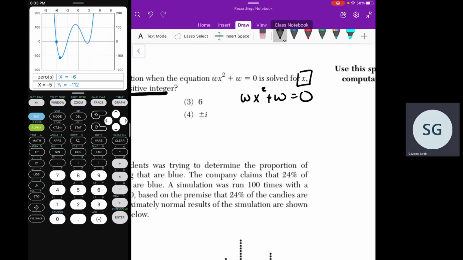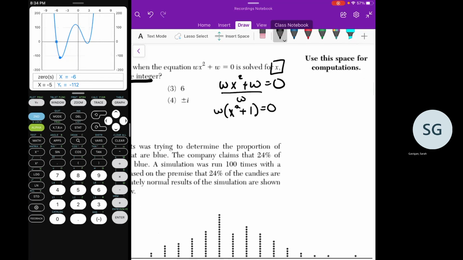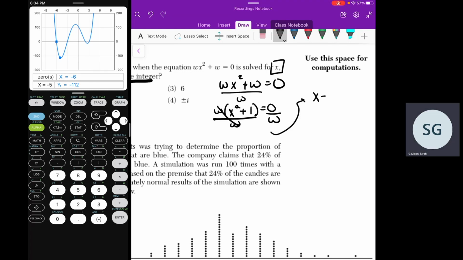There are a few ways. Since it's quadratic, meaning you have an x squared, you can factor it to solve. The kind of factoring we would use would be GCF. So if I factor out the w, I'll have w times x squared plus 1 equals 0. Since I'm solving it, if I divide both sides by w, I'll just have x squared plus 1 equals 0, because 0 divided by w is just 0.